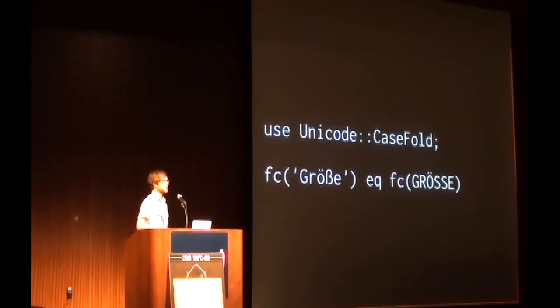And case folding is what we need, or you might refer to it as fold case instead of lowercase or uppercase. This should really only be used for comparison, as opposed to returning a value for the end user to see. You want uppercase and lowercase to return values. But here we are using the Unicode::CaseFold module written by fellow Shutterstock engineer Andrew Rodland, and we are running fold case on both of these.